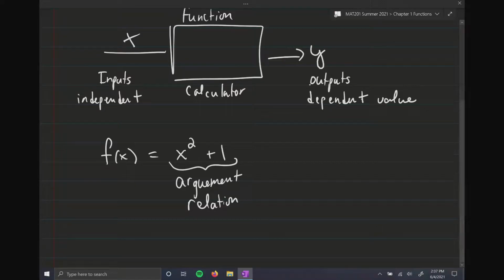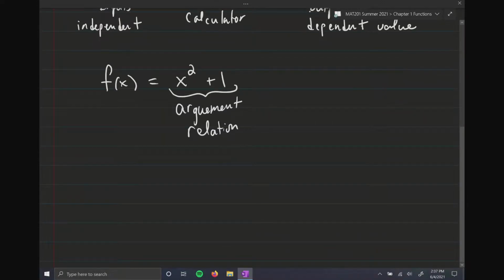Okay? So, real quick on the left-hand side, just remember the x represents the input or your independent variable or value, and that is what we evaluate the function at.